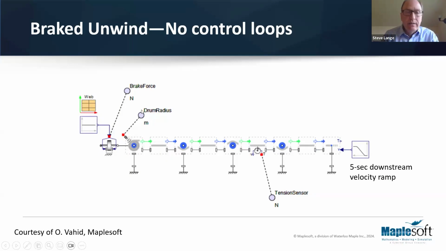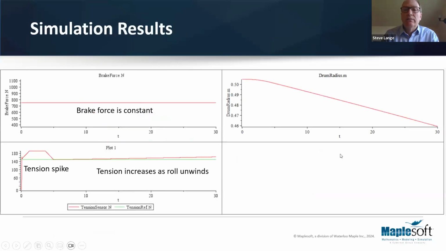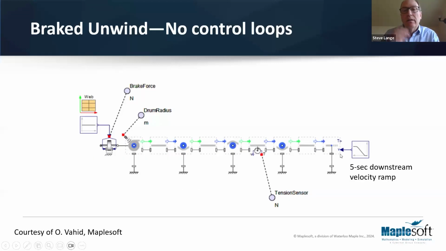We have the drum radius, and we have 3 rollers. And then we have a ramp up of the velocity, whoops, on the outside. I cut to the end of the story too fast. And we have a tension sensor that can measure the tension in that particular span.